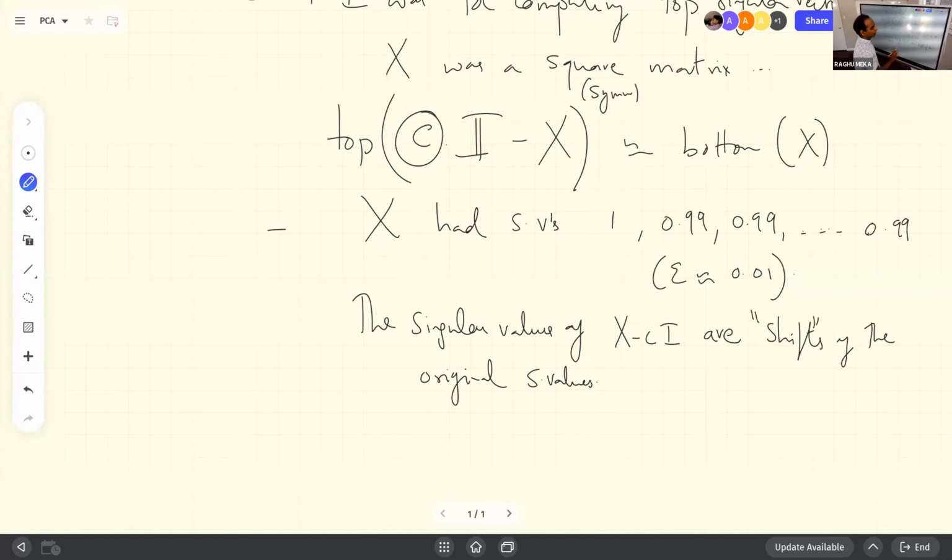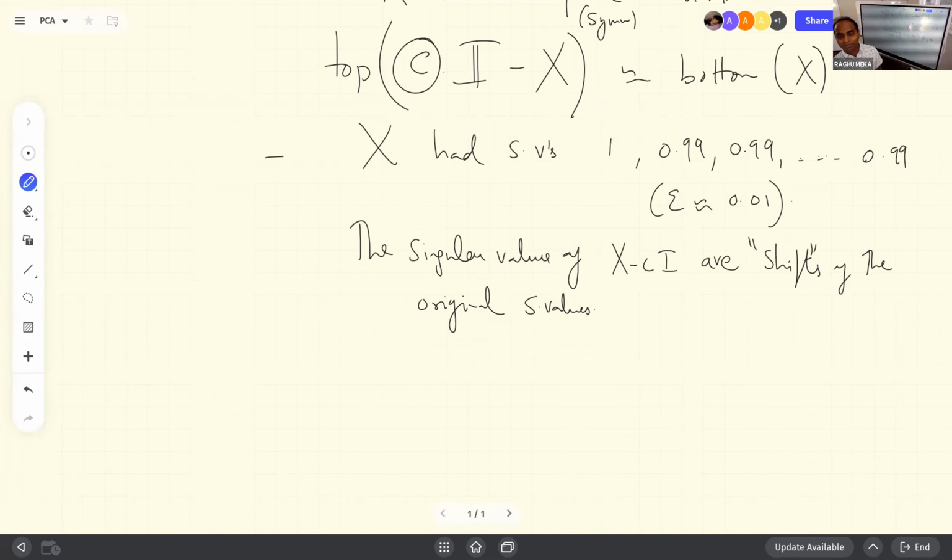I'll put this in quotes because it's not always true, but I want to teach you some of the tricks that people use to speed up the convergence of the power iteration.